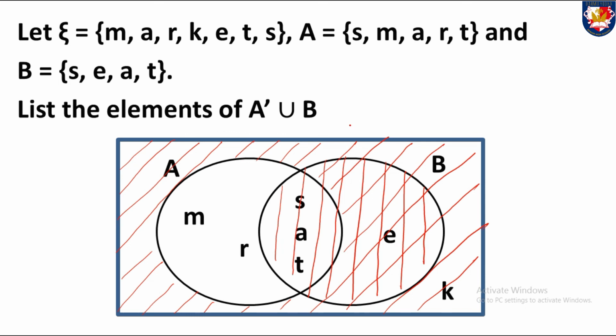Since we're talking about union, that means the elements of A complement union B are the elements that got shaded, all the regions that got shaded. So as you can see, the elements that got shaded are S, A, T, E, and also K. So the elements of A complement union B are actually K, E, S, A, and T.